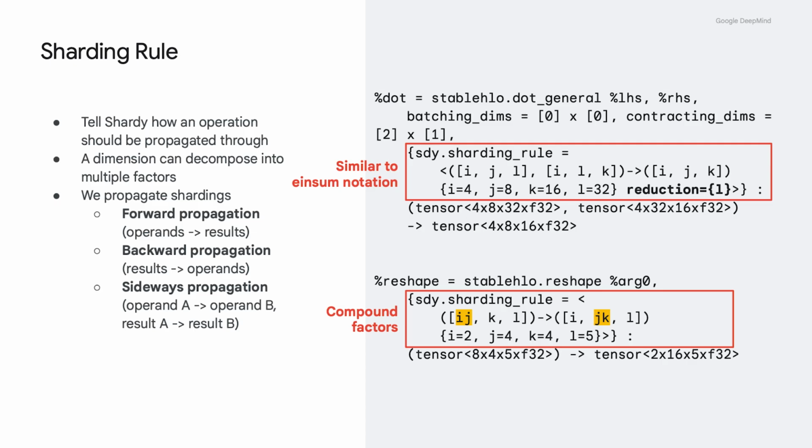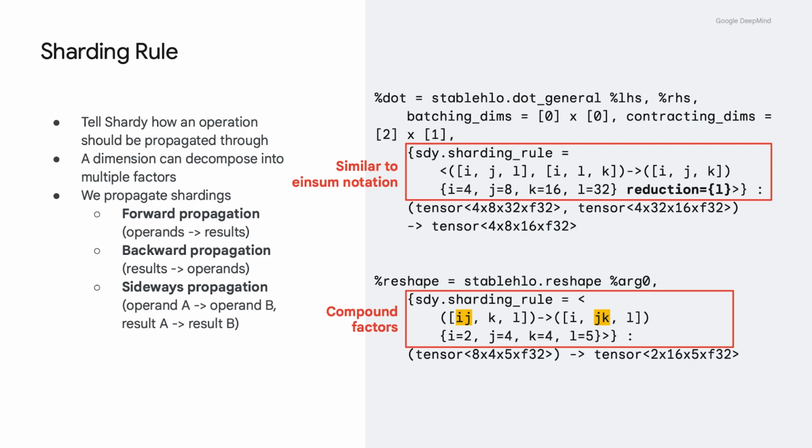The sharding rules for the dot operation are similar to its einsum notations, and we also define the reduction dimension, which is k, which means that if we partition the reduction dimensions, we'll need to insert an all-reduce or reduce-scatter at the end of this dot operation.